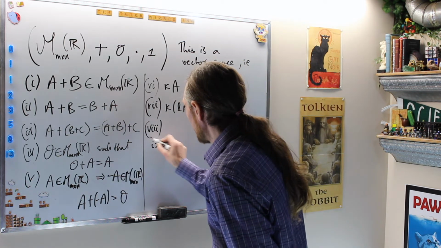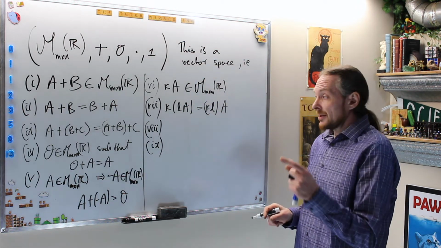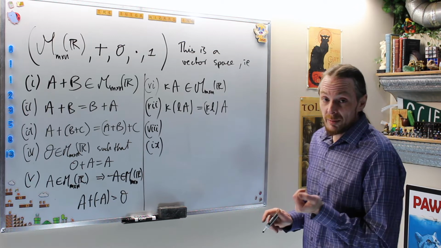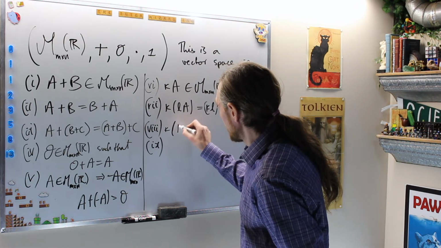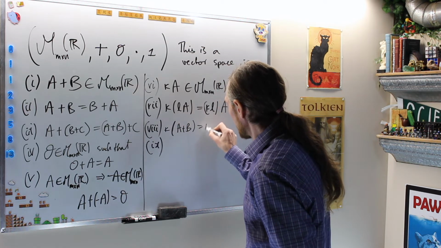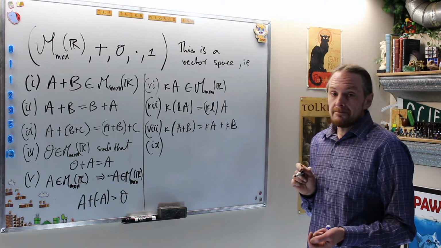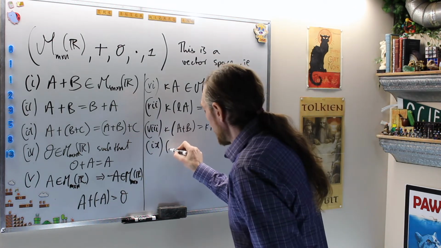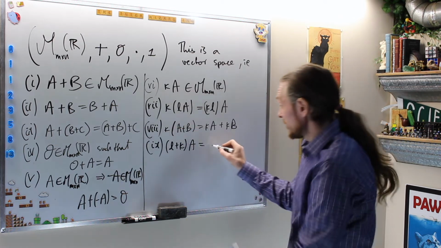8 and 9 deal with 1 scalar and 2 matrices distribution, or 2 scalars and 1 matrix. You can distribute a scalar onto 2 matrices. It is K times A plus K times B. And then if I have L plus K and a matrix, I can distribute the matrix onto that scalar multiplication.